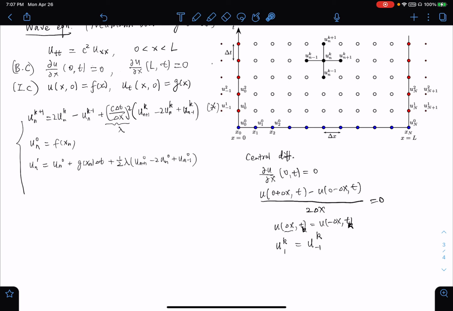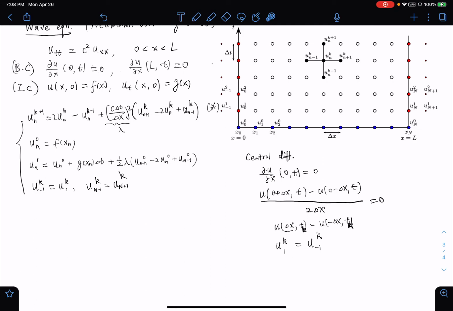So again, one can implement this as follows, at the other boundary point, minus 1, k and plus 1, k.